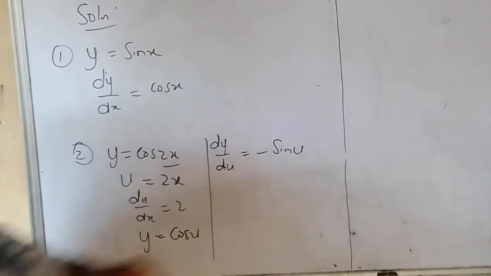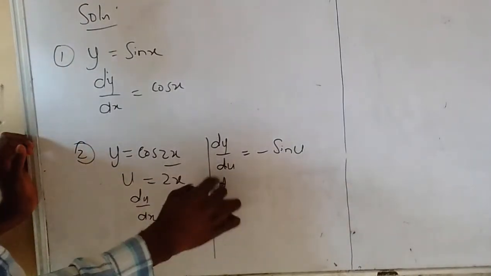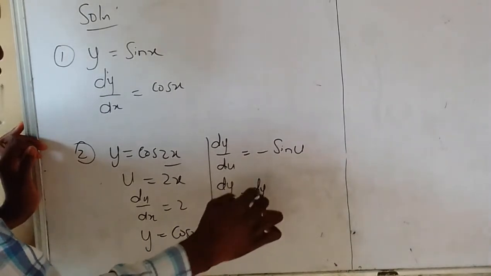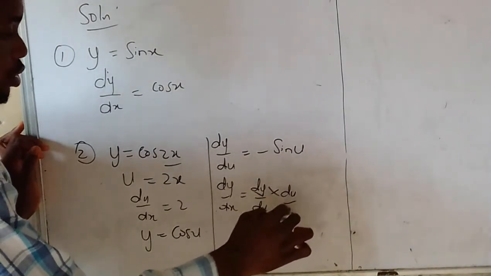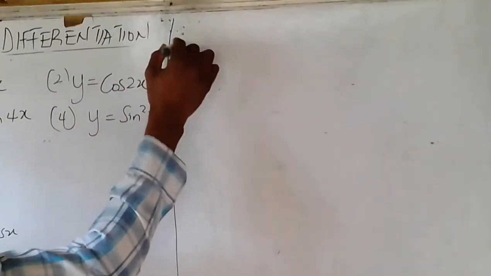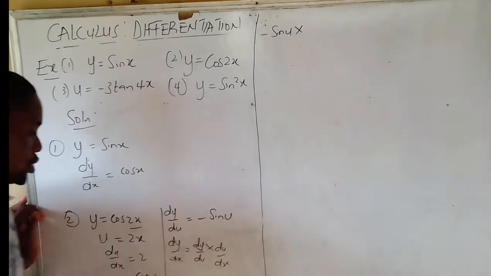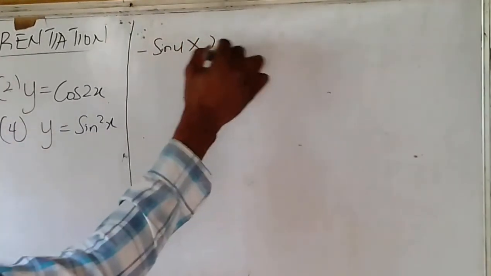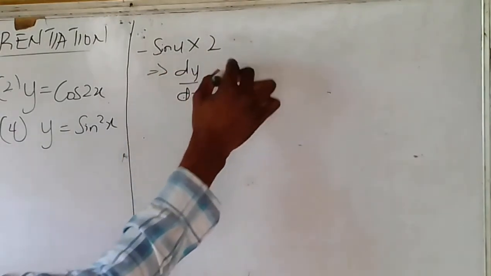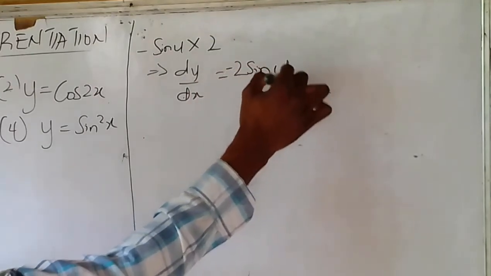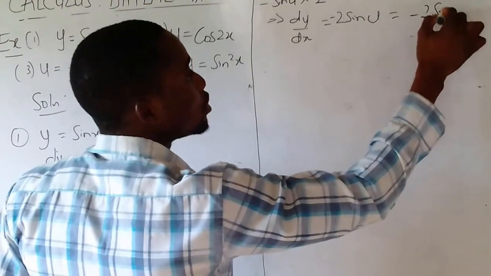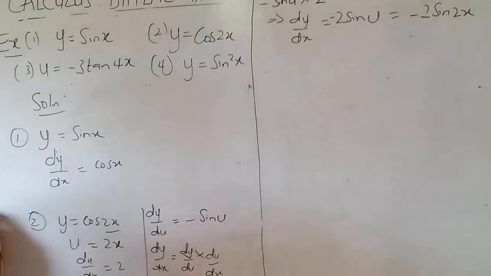So now to get dy/dx, it is going to be dy/du times du/dx, where my dy/du in this case is minus sine u times du/dx, which is 2. So in that case, it implies that dy/dx is minus 2 sine u, where our u is 2x. That becomes minus 2 sine 2x. That's for number 2.